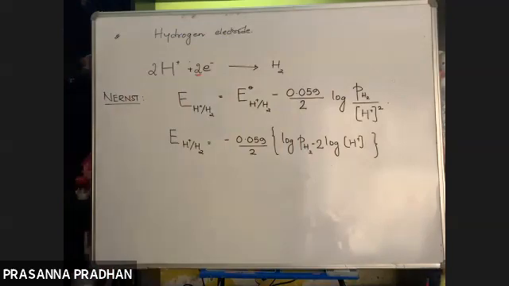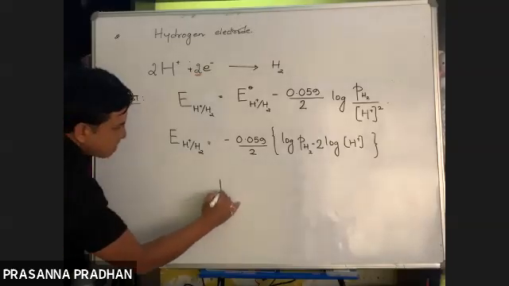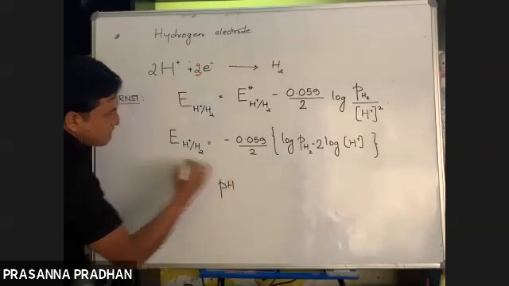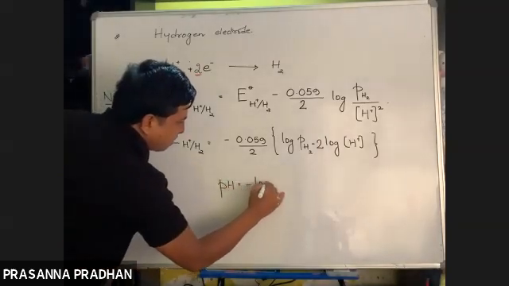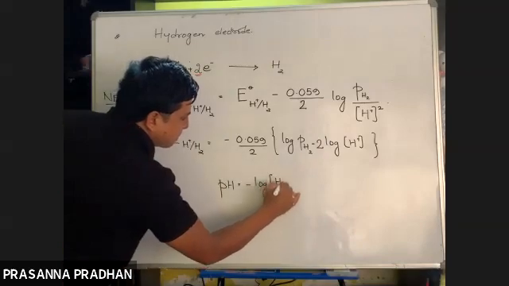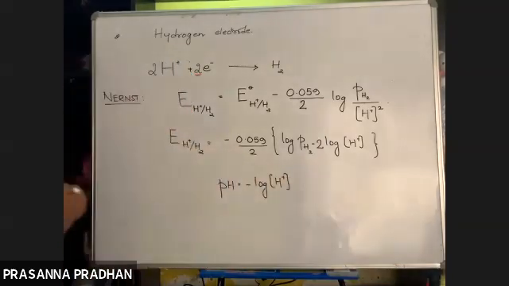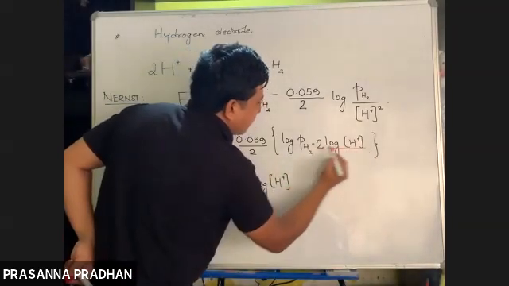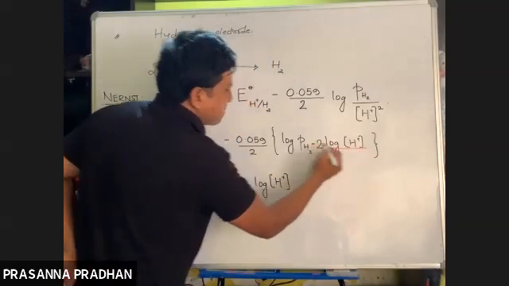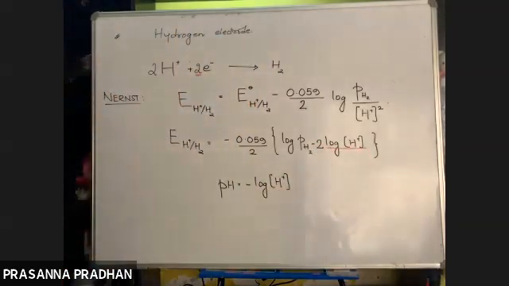And remember, what is the formula of pH? pH was equal to minus log of H positive ion. So instead of this minus log H positive ion, you can add pH out here.